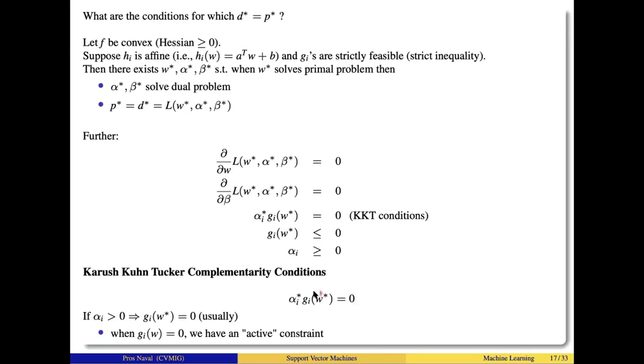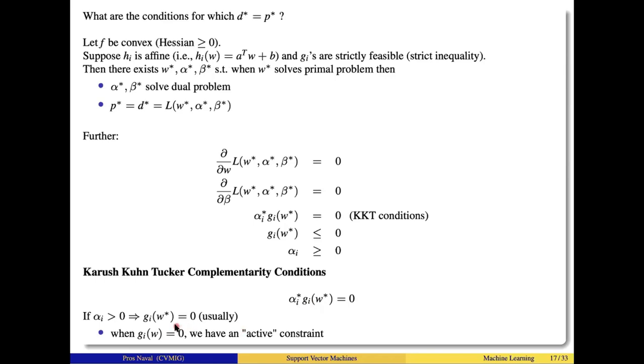Now, let's analyze that. If you have two quantities and their product is 0, what does it mean? Either one of them is 0 or both of them are 0. Any quantity multiplied by 0 gives 0. So if one of them is 0, then the product is going to be 0. And for this to happen, either alpha star or g_i would be 0.